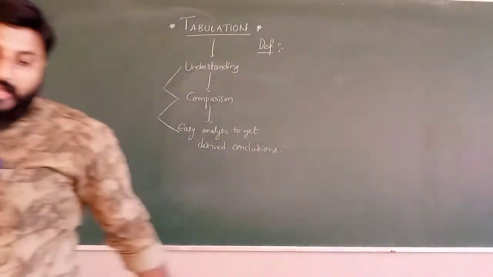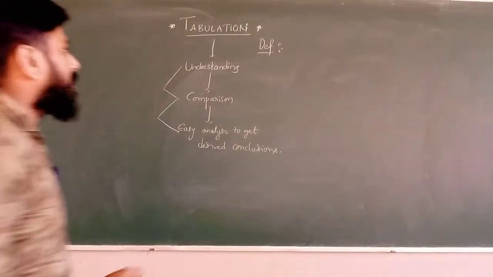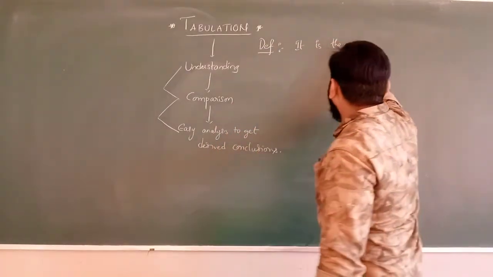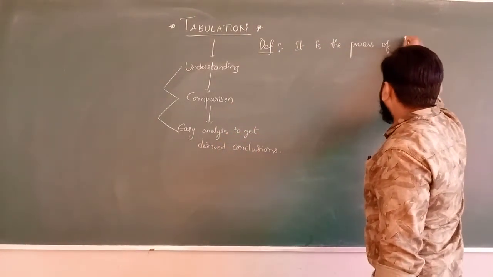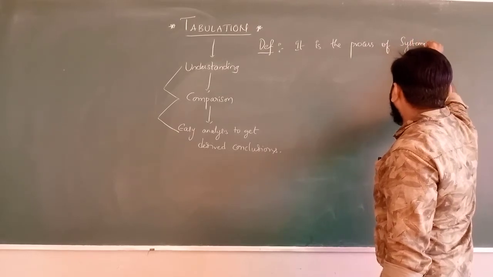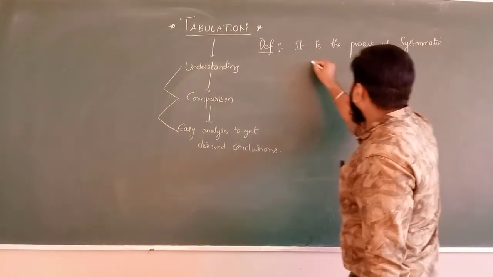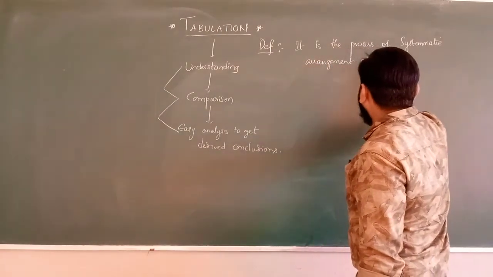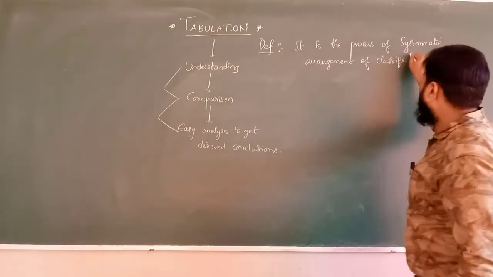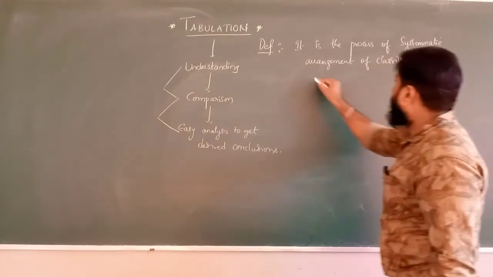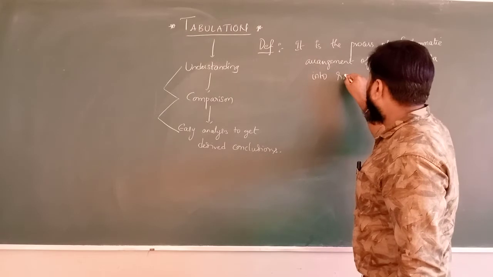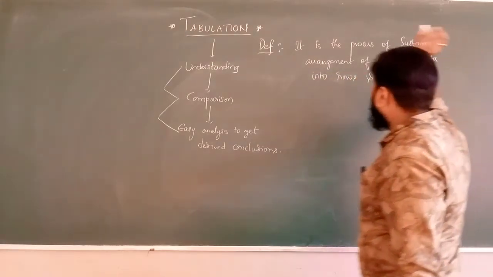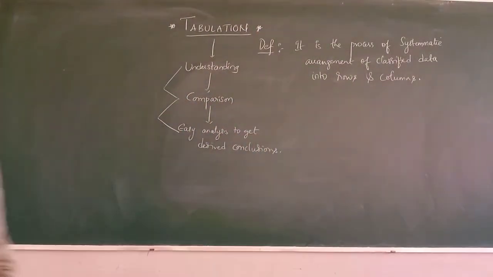Definition of tabulation: it is a process of systematic arrangement of classified data into rows and columns. Just see the definition there.